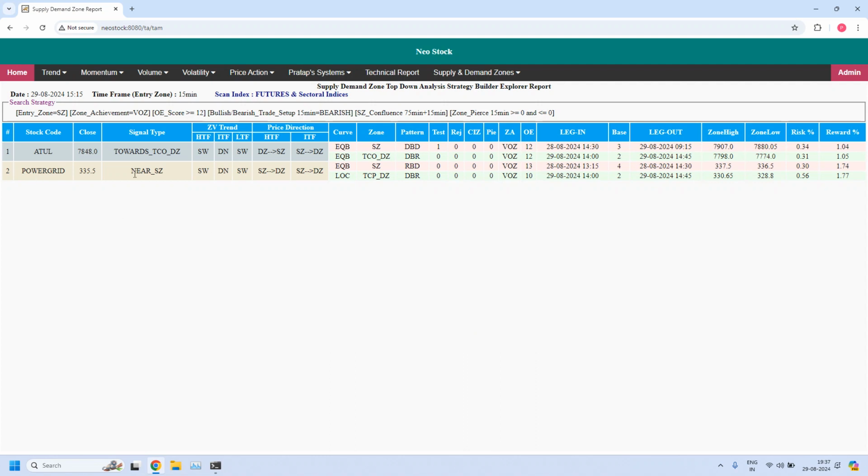And the Power Grid is near supply zone. RR is also good. It is a fresh zone. Only thing is you need to look for a fresh fine-tuned 5-minute zone as a confirmation that there is an institutional order flow.